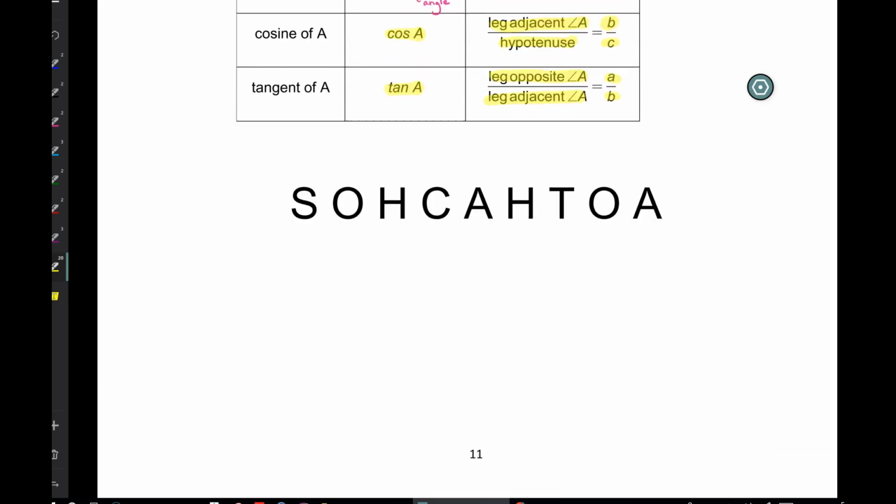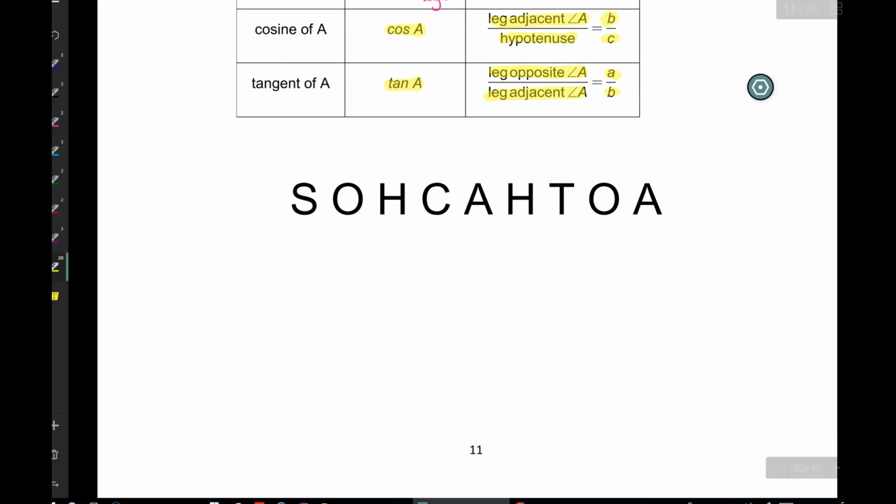So we have this term SOHCAHTOA. It's not a real word, but it helps us to remember the order and the definitions of the trig ratios. So if we split these up into three different parts, SOH: sine is equivalent to the ratio opposite over the hypotenuse.